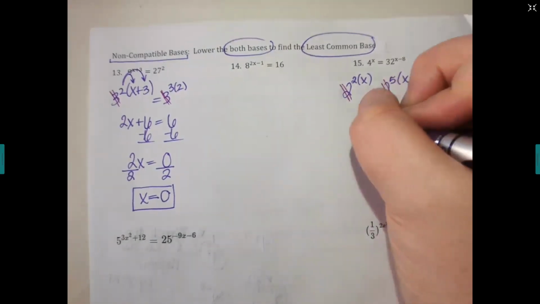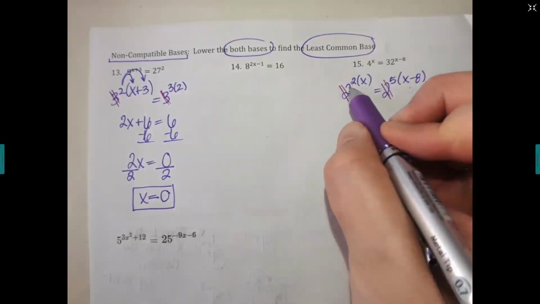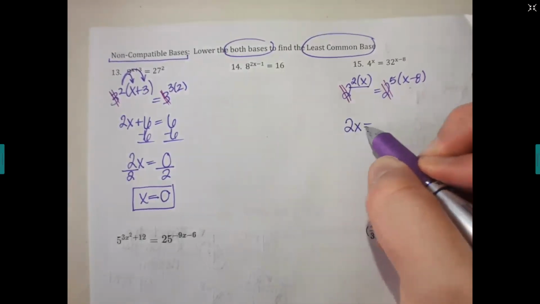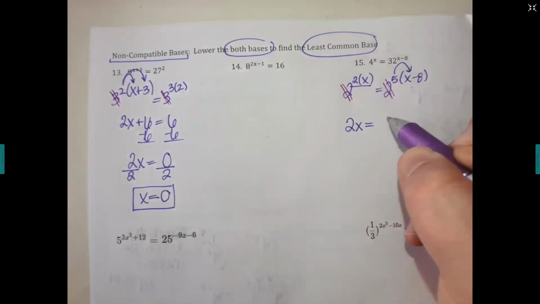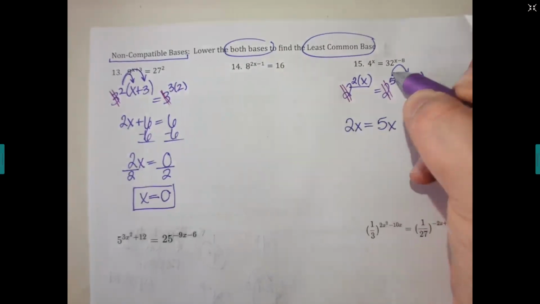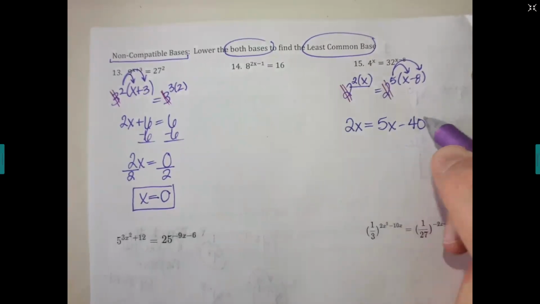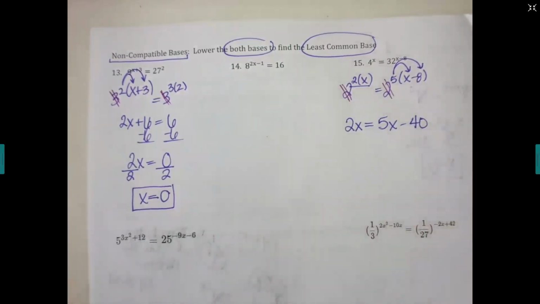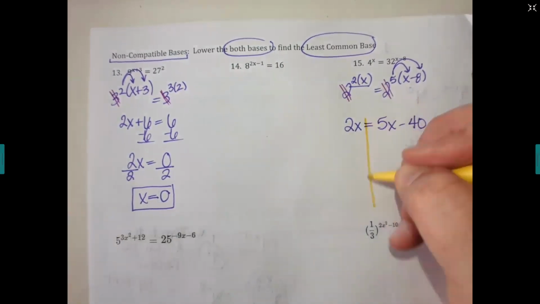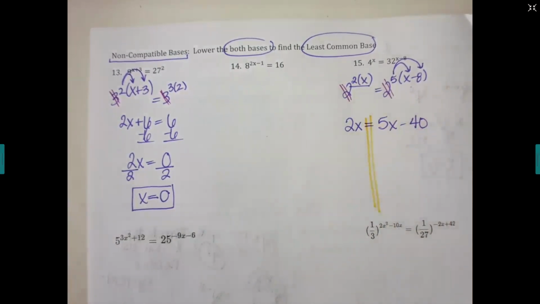2 times x is 2x. 5 times x is 5x minus, what is 5 times 8? 40, very good. Okay, from here, you've got x's on both sides of the railroad tracks. I'm usually going to try to pull whatever one's on this side over to that side.